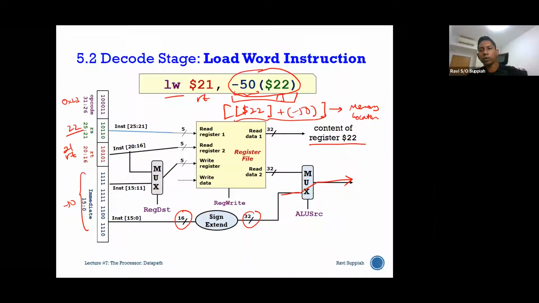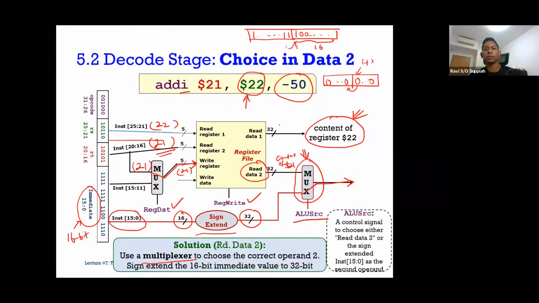Of course, that is a later part of the processor, but in the first part, what are we doing? We are taking the content of register 22 and adding it with an immediate value which is -50. So this first part is actually the same as this instruction.